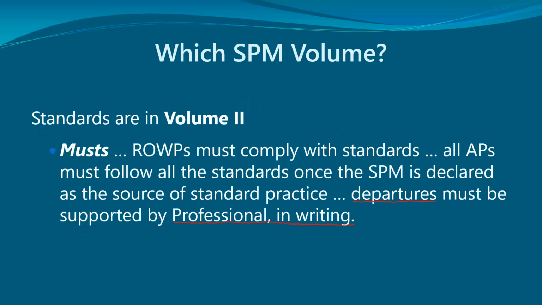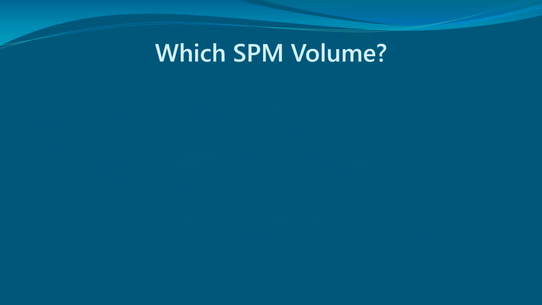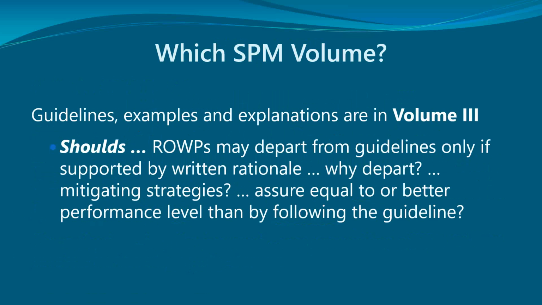So the topic is how to locate things. So if we're looking for standard, it's in volume 2. Guidelines, on the other hand, are in volume 3, and those are shoulds. So ROPs can depart from guidelines only if supported by written rationale. But in this case, that's written rationale by the ROP, right? Not a professional.